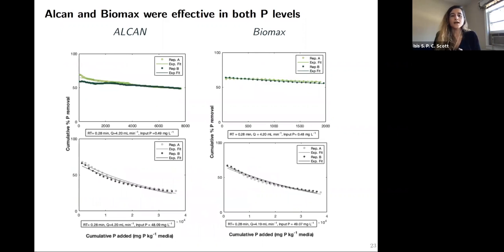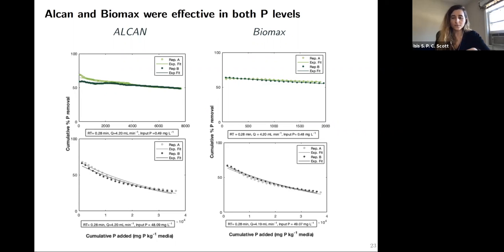And this is how the adsorption phase of Alcan and Biomax look. This is the first adsorption phase for them. They showed very good, satisfactory efficacy in the adsorption phase at both levels. So in the first row here, I'm showing you their ability to remove phosphorus at the low loading level, 0.5 ppm.